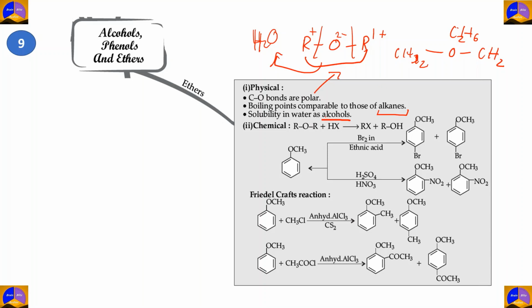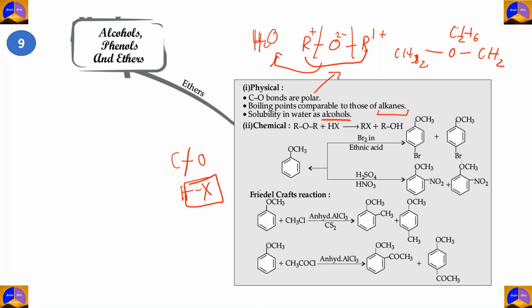Let's look at the chemical properties of ethers. The first thing that happens is that the carbon-oxygen bond always gets cleaved. It means it gets broken. It takes place in drastic conditions with an excess of hydrogen halides.